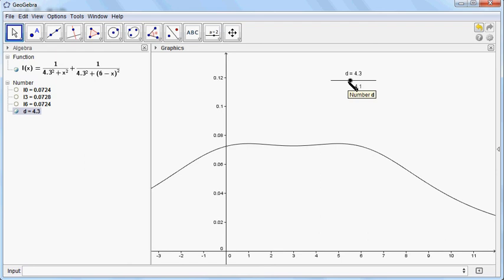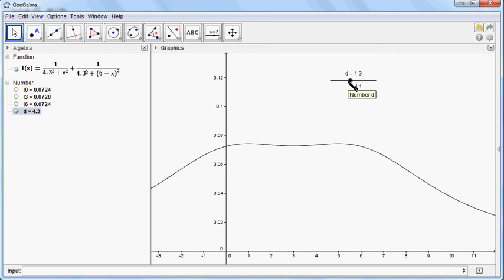Now you can see that at this point I of 0 and I of 6 are actually smaller than I of 3. So the minimum happens at either x equals 0 or x equals 6 instead of x equals 3.